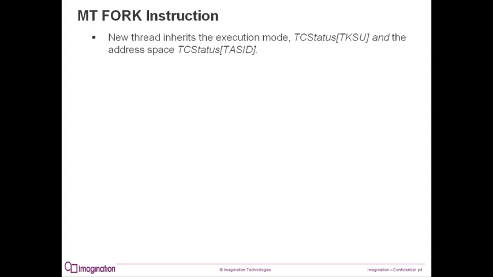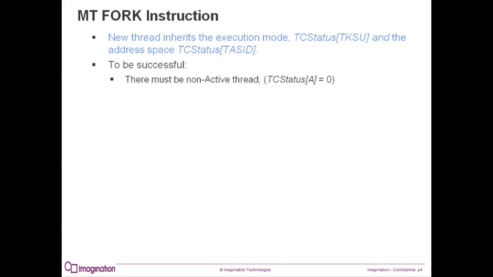Some TC state is copied from the parent TC. The current or user mode state defined in the TC status TKSU field and the address space identifier defined in the TC status TASID field.